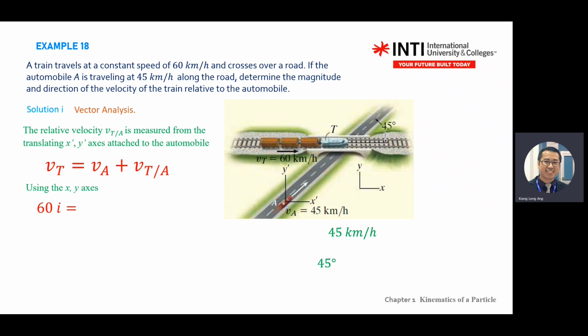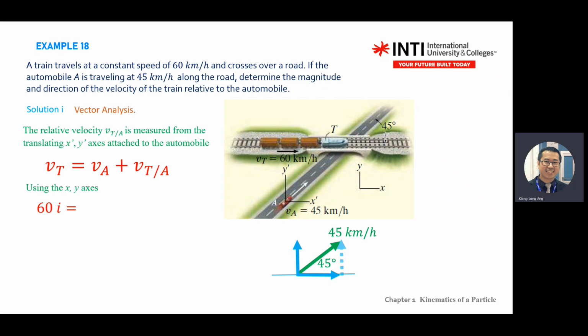This vector going this way can break into x and y, so you should also have plus 45 sine 45 j. So the vector breaks into 45 cos 45 i plus 45 sine 45 j. Not y, j. Make sense?